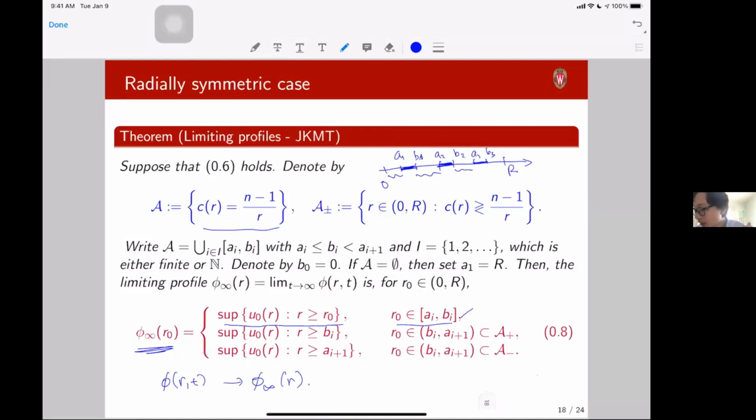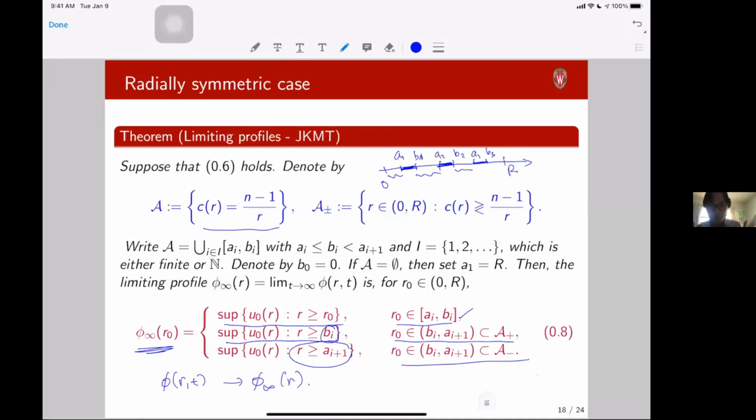If we are in the regions A plus, where c(R) is greater than (n minus 1) over R, then we have the supremum of u naught of R, but with R starting from B_i. And similarly, if we are in the other region, then we have R starting from A_{i+1}. Okay. So you might ask, why do we care about this?